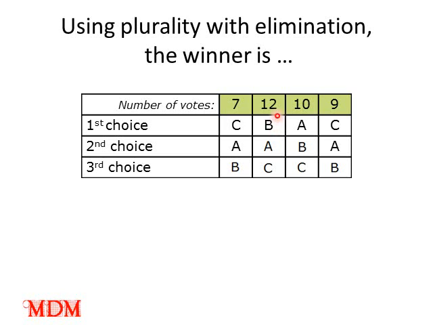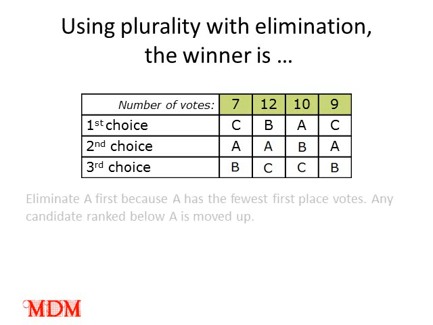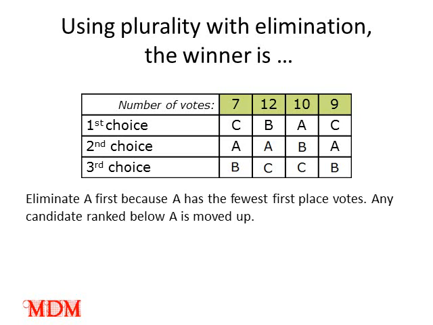Candidate B has 12 first place votes, and candidate C has 7 plus 9 first place votes for a total of 16. Comparing 10, 12, and 16, we know that A has the fewest first place votes. We will eliminate A first because A has the fewest first place votes. Any candidate ranked below A then is going to be moved up.